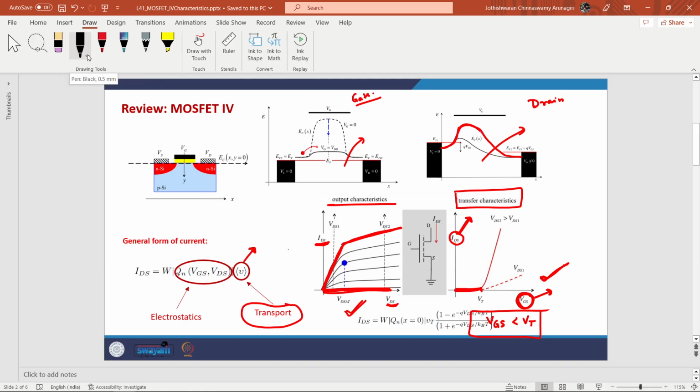Sir, one question came into my mind. In the transfer characteristic curve, on the x-axis it's written VT, that is threshold voltage. Right now, sir, I am doing some simulation related to graphene nanoribbon.